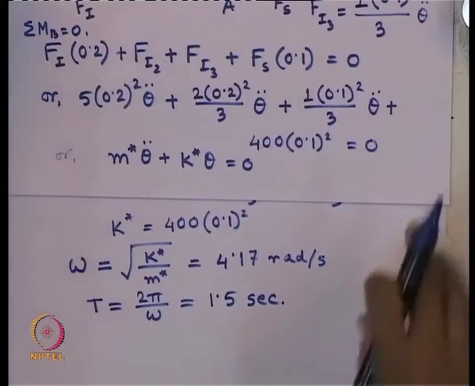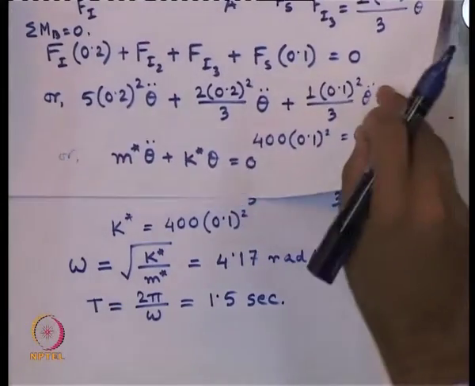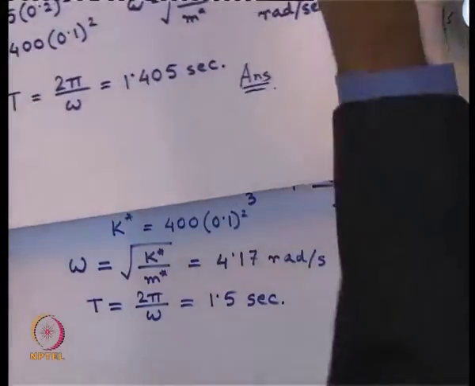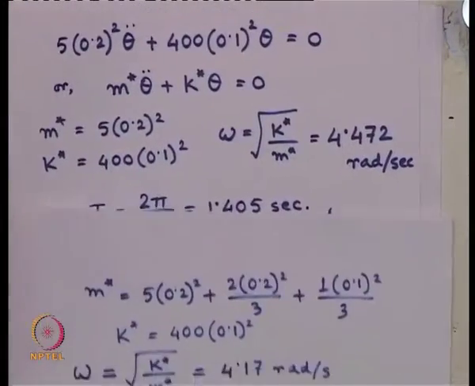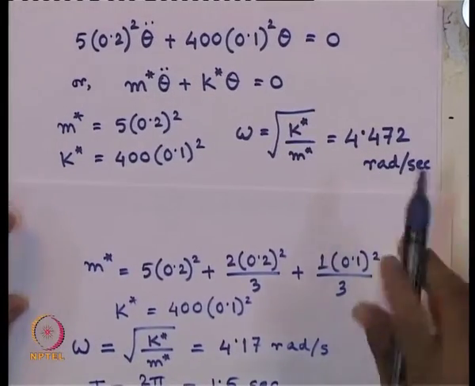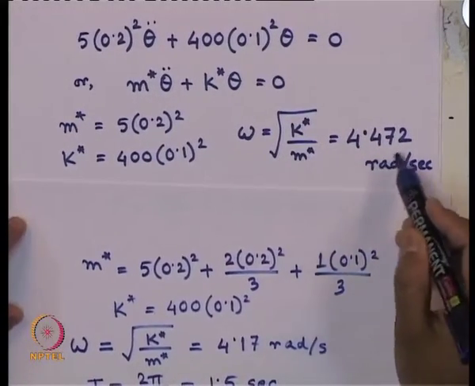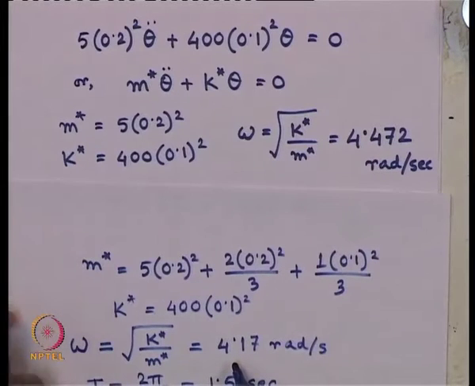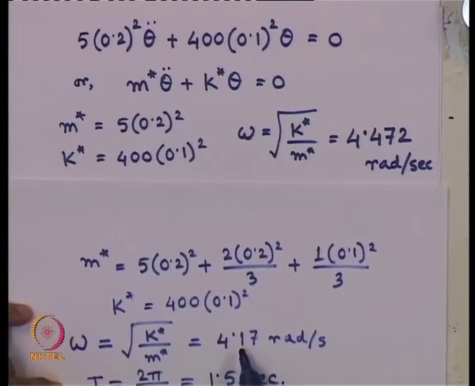What you can notice now is that we can compare the previous problem result and this problem result. The natural frequency in the previous problem was 4.472, which has come down to 4.17 radian per second in the second problem. Why? Because there is an increase in the mass.